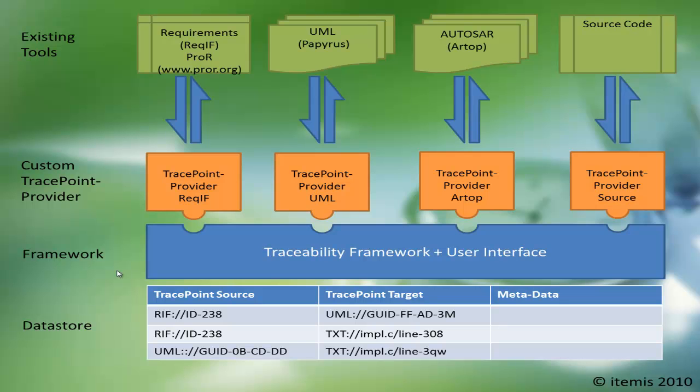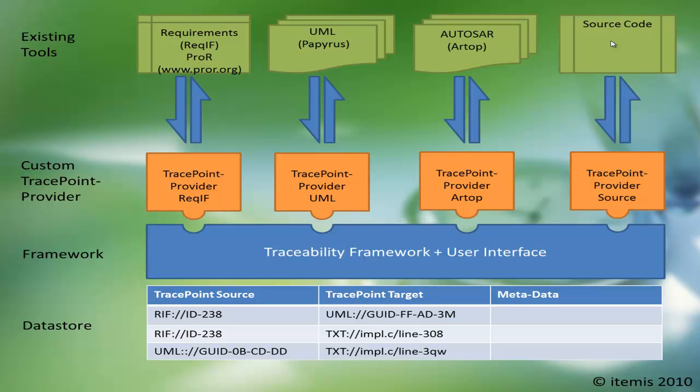Our approach is not to hard code any traceability or the models that we want to trace, but to use the Eclipse flexibility and to provide a model for plugging in your own so-called trace point providers, which actually know about the target models and are capable of returning a so-called trace point from any of the target artifacts.